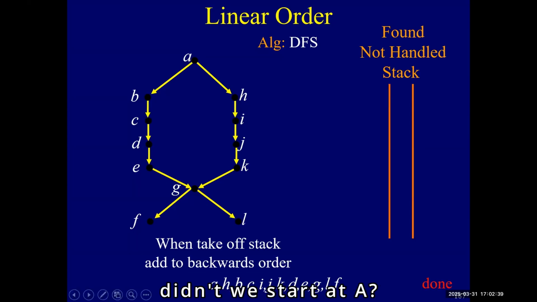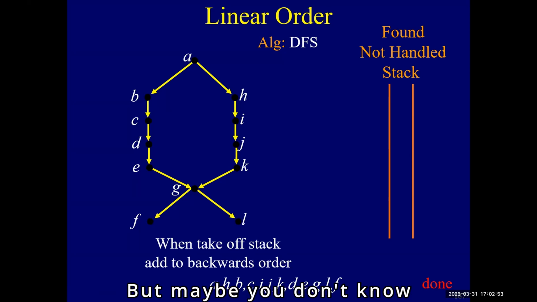And you say, why didn't we start at A? Well, if we knew that A was a sink, a node with nothing coming in, then it would have been great to start at sinks, but maybe you don't know where the sinks are yet. This says it works even if you don't. If you start at the sink, it works, but it also works if you don't start at the sink. Yeah?